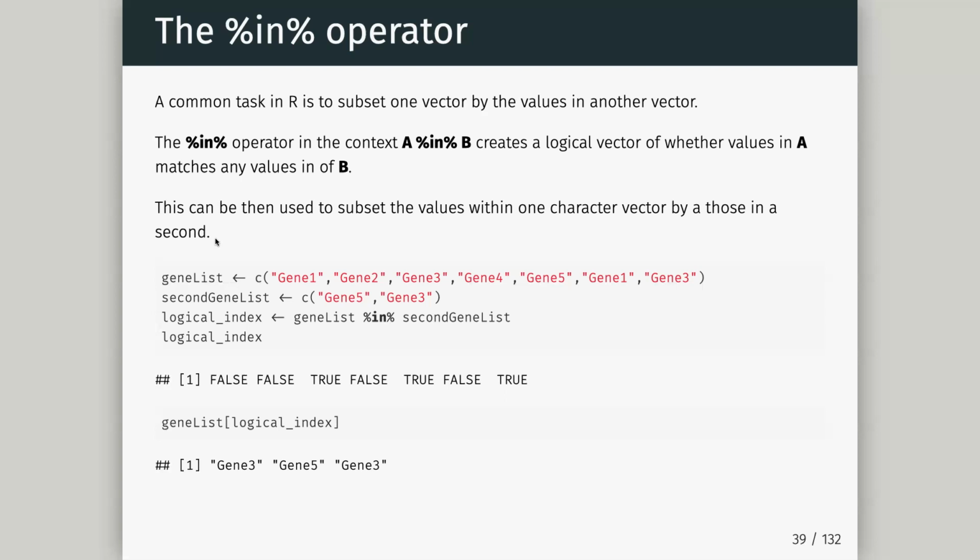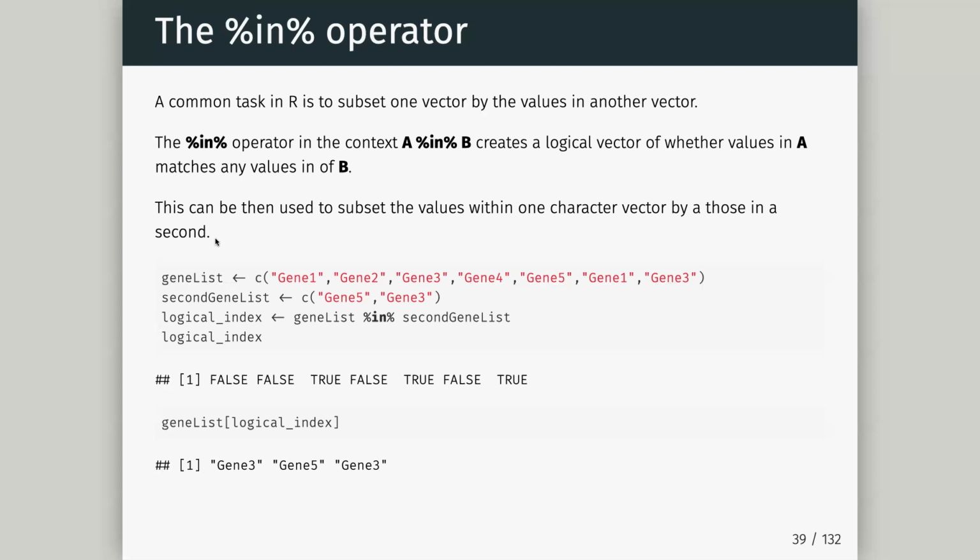And if we look at the logical vector, you can see it's evaluated this for every value in our gene list. So gene 1 wasn't in second gene list, so it's false. Gene 2 is false. Gene 3 does occur in the second gene list, so that's true. And gene 4 is false. Gene 5 is true. And then gene 1 is false, but gene 3 occurs again here.